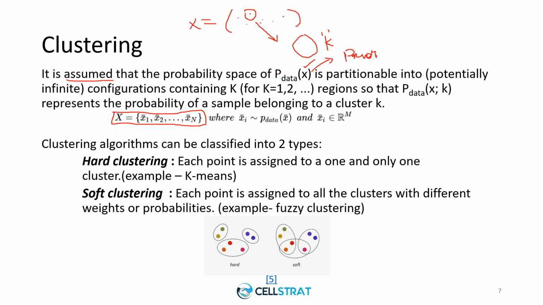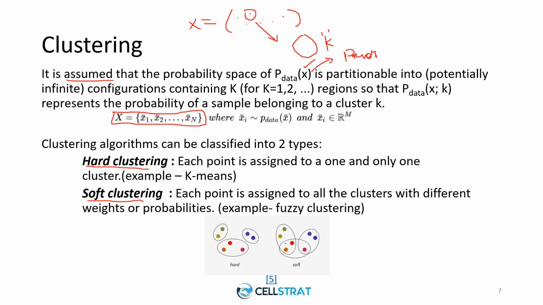If you have data, then it must be possible to configure them into n number of clusters or regions. Clustering algorithms can be classified into two types. One is called hard clustering, the other one is called soft clustering. From the diagram, it's pretty clear what hard clustering and soft clustering mean. When we say hard clustering, we say that the data point belongs to only one cluster.